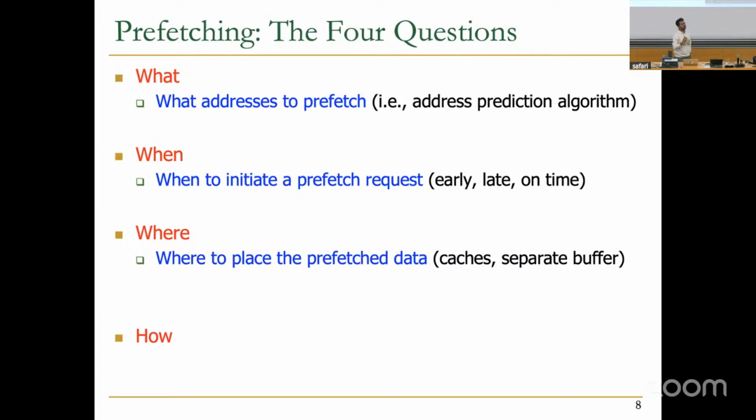The cache is already coherent, right? We design the cache to be coherent, so you don't have to worry about any separate copy of the same data. But if you put it in a separate buffer, you need to keep that separate buffer coherent by yourself. That's a downside of putting it in a separate buffer. But then, if you put it in a separate buffer, you are also not evicting something from the cache.